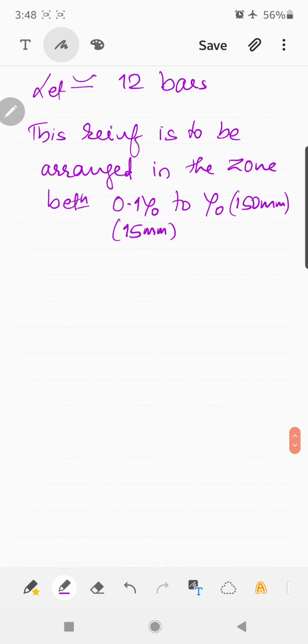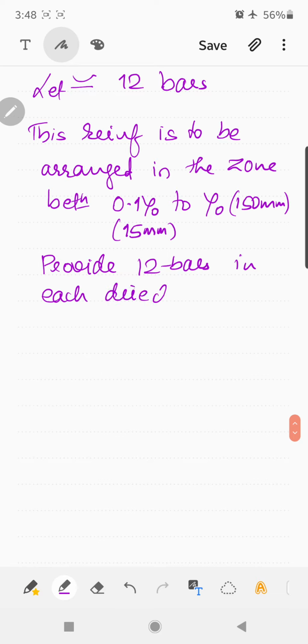Now you are providing 12 bars in each direction in the form of a mat or mesh. So you require a total of 12 bars in the x direction as well as in the y direction.